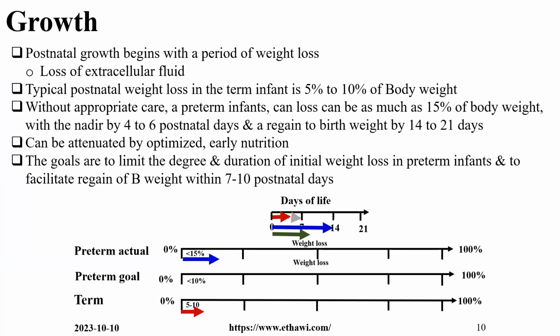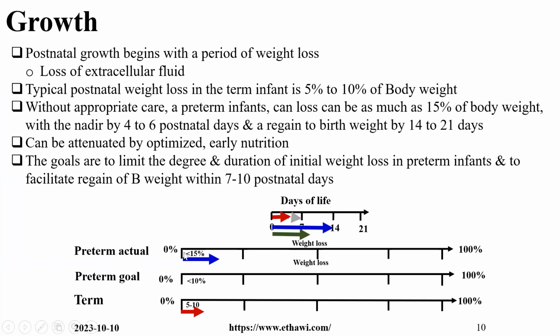Now it's very important that we achieve this, because when the baby is born, they usually lose weight, somewhere between 5 to 10% in a term baby, and sometimes up to 15% of their body weight if they are a premature baby. So it's very important that we regain the birth weight quickly. If we do, we're doing very well.